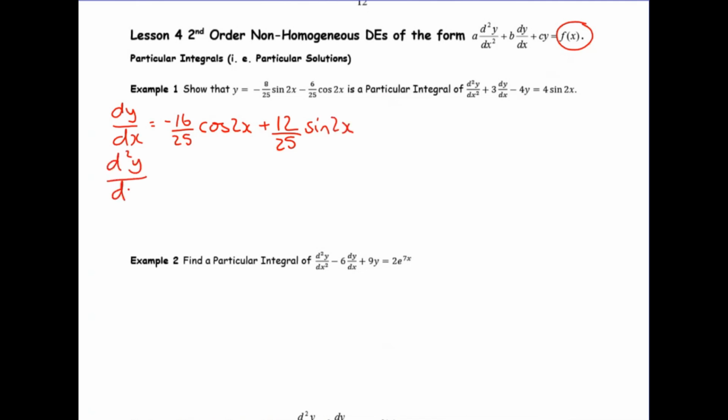And if I differentiate this again, differentiate cos goes to minus sine, so that's 32 over 25 sine 2x. Sine differentiates to cos, so plus 24 over 25 cos 2x. All I've done is differentiate that twice. And all I'm going to do now is take those derivatives and substitute them into the left-hand side of that differential equation and show that I get 4 sine 2x to show that this works.